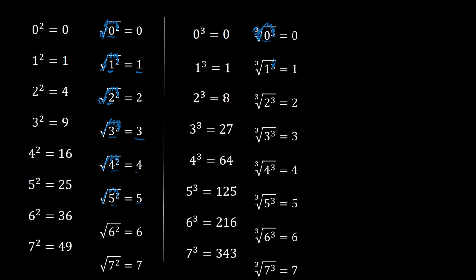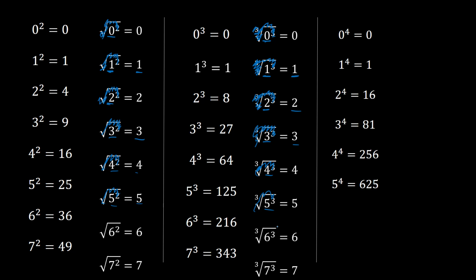The 3 here and the 3 over there will cancel. I'm left with a 1, which is my solution. Right here, 2 cubed is the same thing as 8. I can cancel the cube and the cube root. I'm left with my number, my solution. For each of these, the cube and the cube root will cancel. I'm left with a 3. Here I'm left with a 4, 5, and etc.